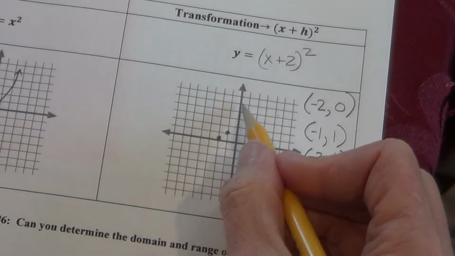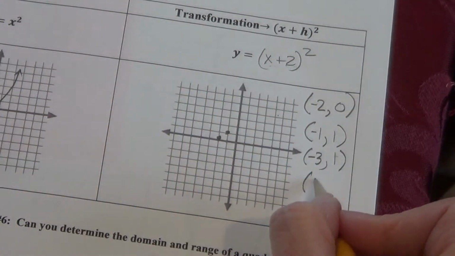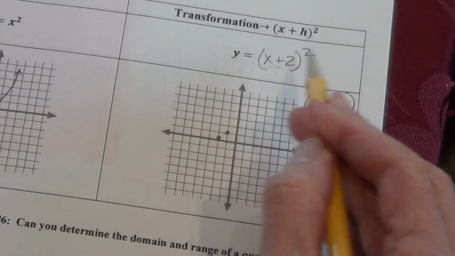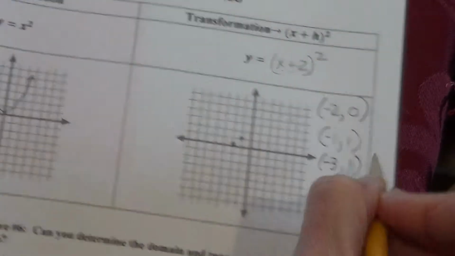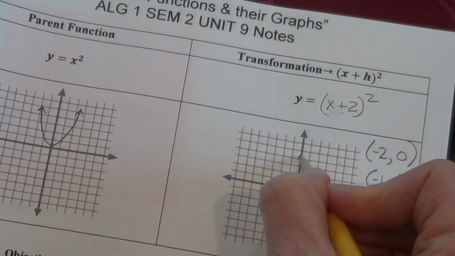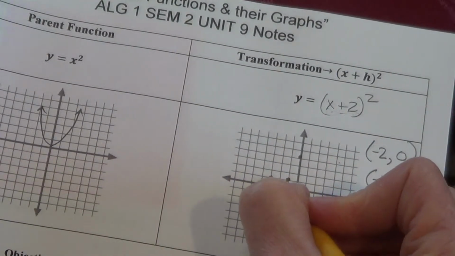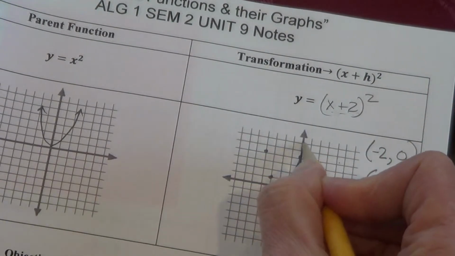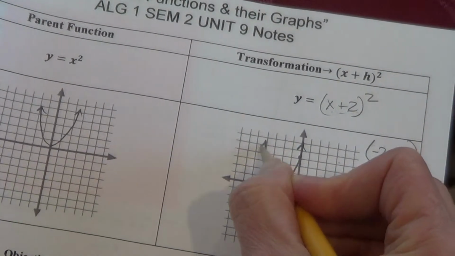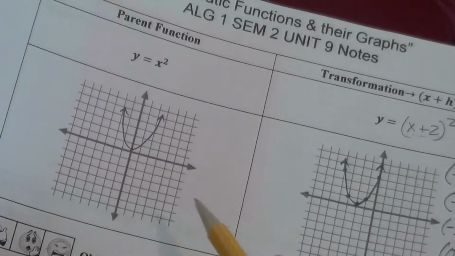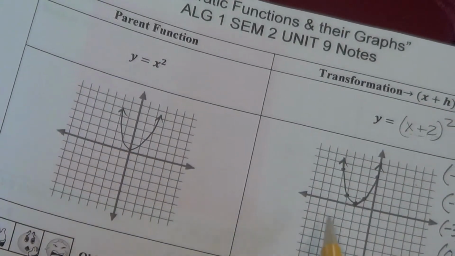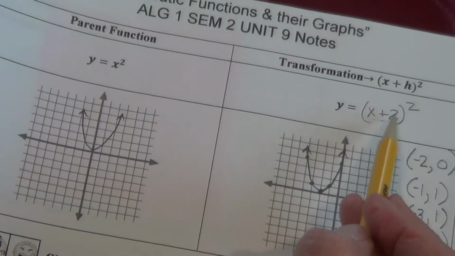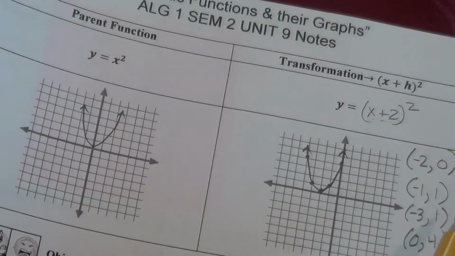My guess is at 0, we're going to go up to 4. 0 plus 2 is 2, squared is 4. So there's our parent graph. And as you notice, we simply shifted the vertex of the parent graph to the left when we put a +2 in there. Okay?